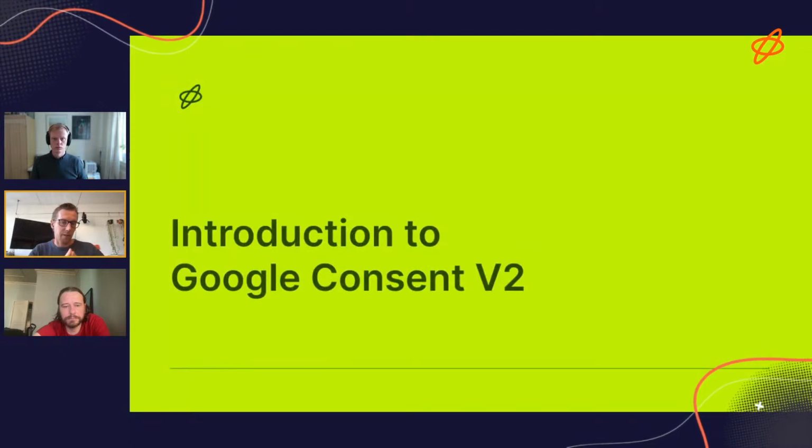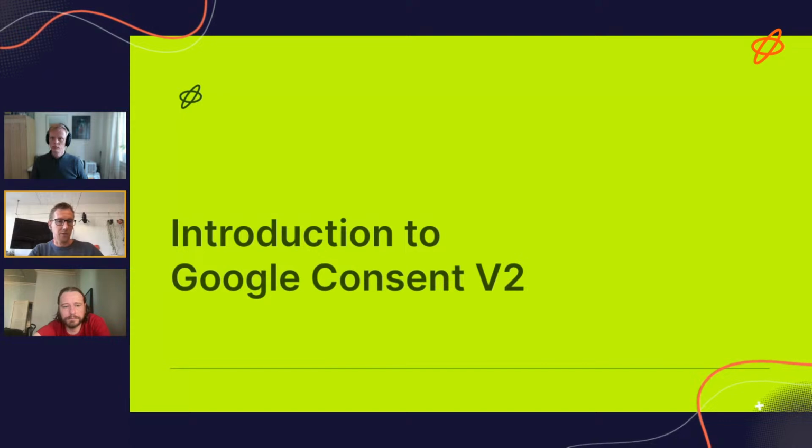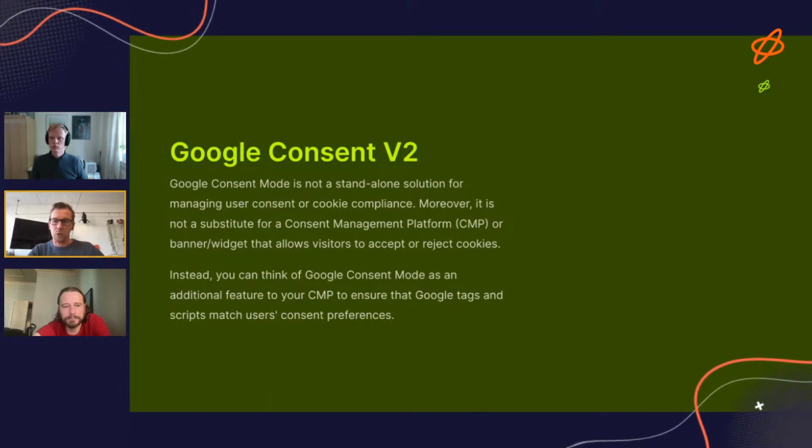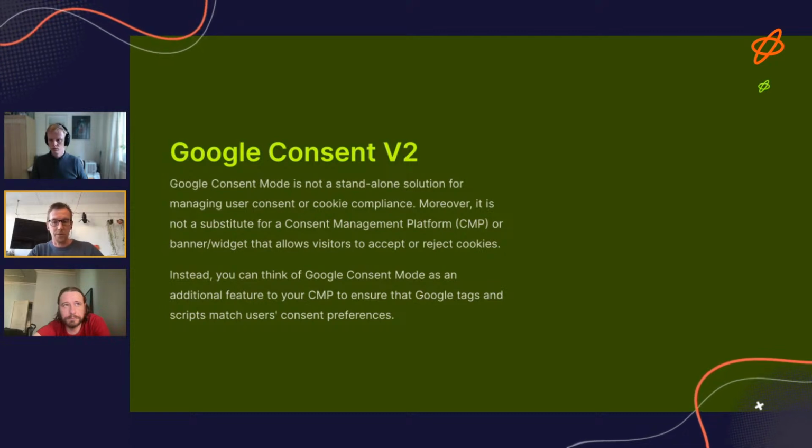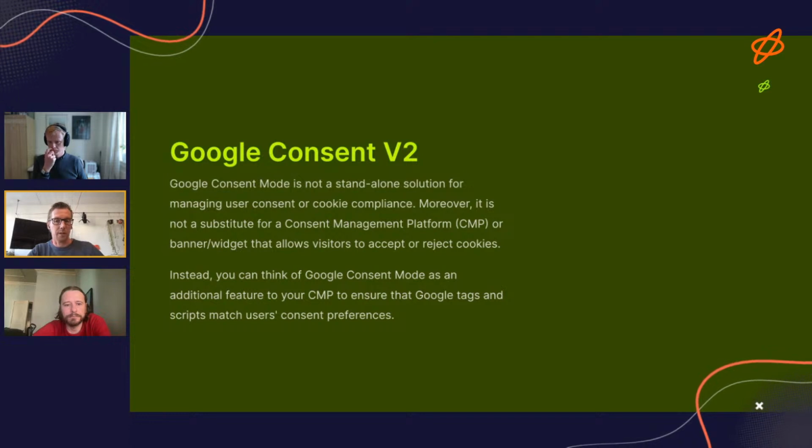First of all, and I think the main reason why we are here, Google Consent version 2. What is it? Google Consent Mode is not a standalone solution for managing user consent or cookie compliance. It's not a substitute for a consent management platform, which is a cookie banner or a cookie widget.